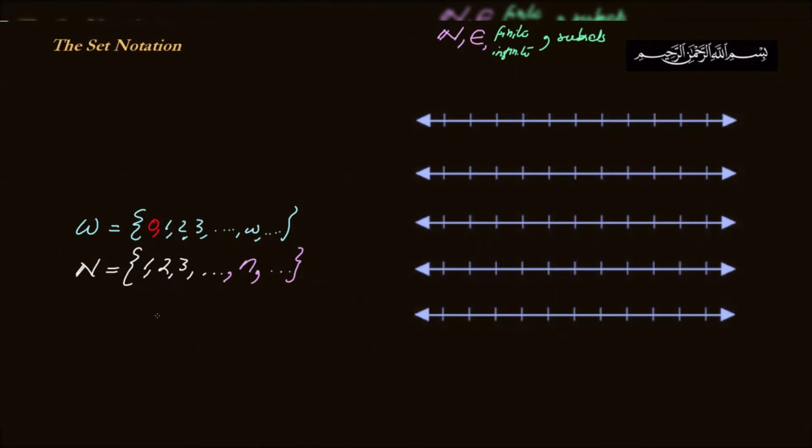Then you can say the set of natural numbers is a subset of whole numbers, correct? Everything that is contained in the set of natural numbers is contained in the set of whole numbers. Okay.